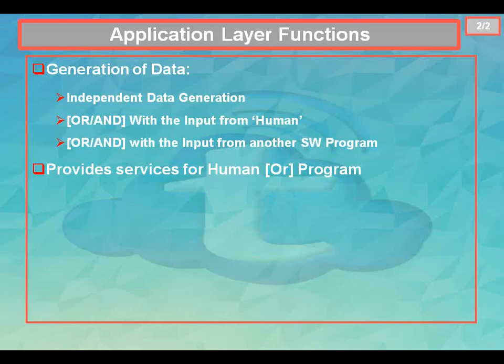Application provides the service to a human or a software program. But we directly take the service from application. Application may use the services of the other layers. That's a different story that we don't need to consider and pack inside this. Are we clear with that?